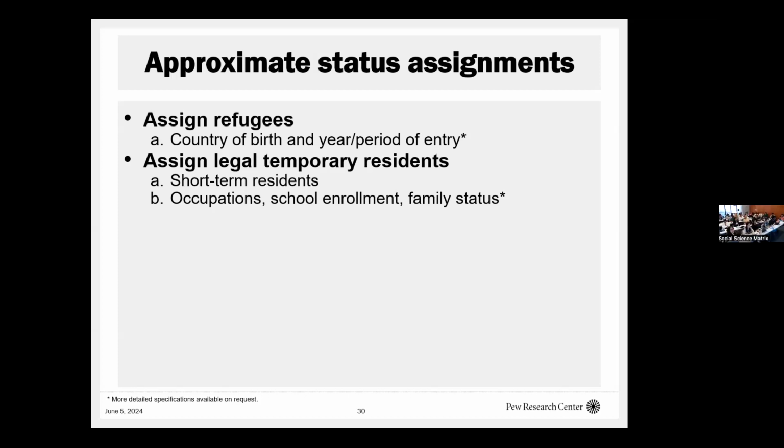Assigning refugees, again, is fairly straightforward. It's a list of countries of birth and periods of entry. Basically people who came from Bhutan in certain time periods are almost certainly here as refugees, for example. So that's a fairly easy set of edits to do to the data.